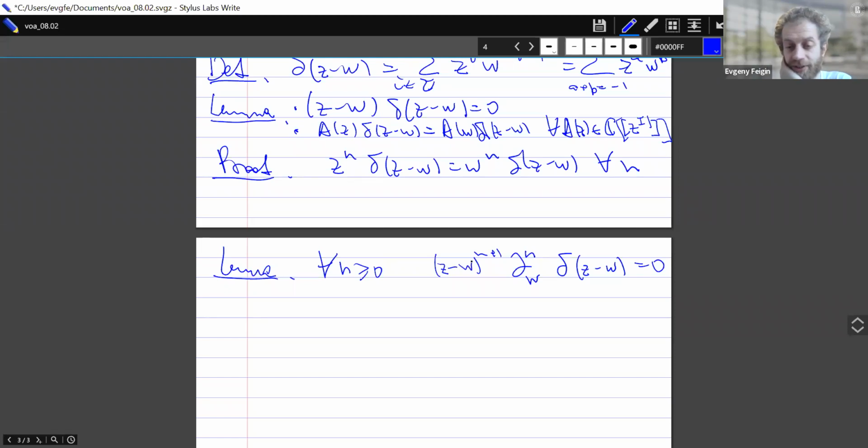We take the difference z minus w to the power n plus 1, and then we multiply it with the nth derivative of the delta function. Yes, exactly. This is the partial derivative with respect to w of the series delta z minus w. So can someone explain why this holds true?